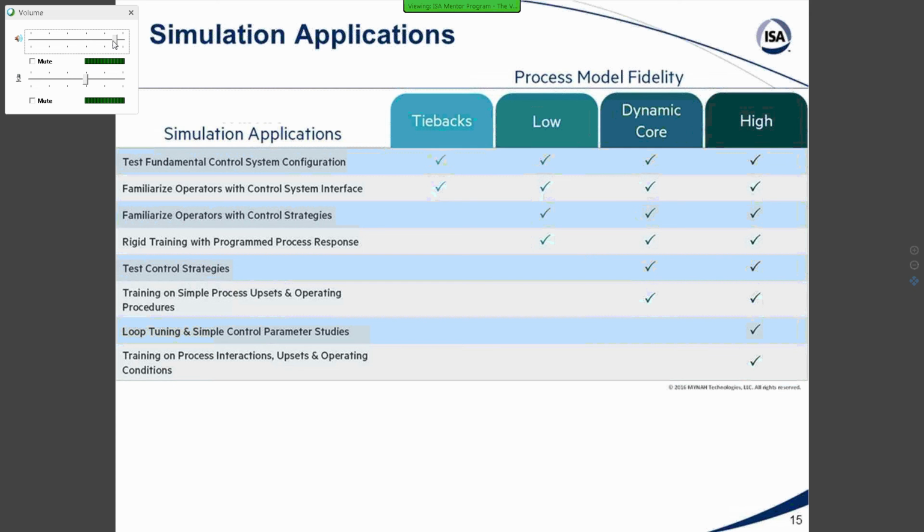At this point your process is still limited to tiebacks and basic calculations. You're not going to get any of these unforeseen situations or scenarios that may require training. So you're limited to training scenarios where you are essentially programming how the process is going to respond specifically for that training scenario. So that's the limitation of the low fidelity model.